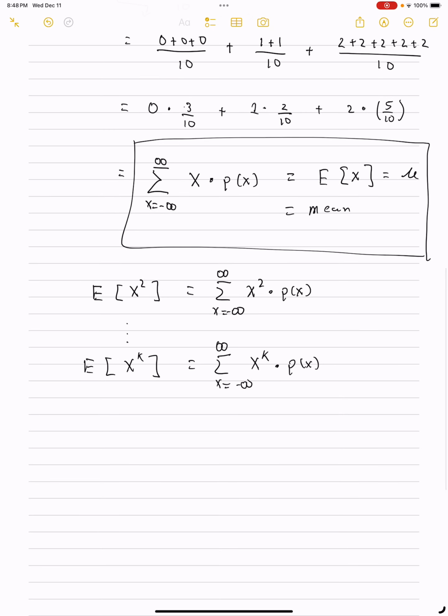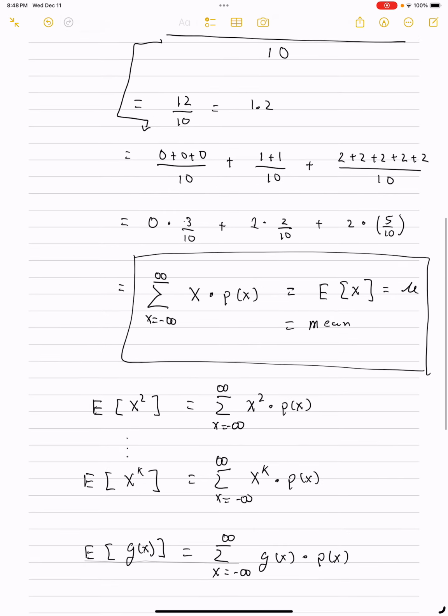And finally, you could also formulate the expected value of a function, which would be this. And that's the average value of a function. Okay, so those are kind of future steps that we might take and look into.